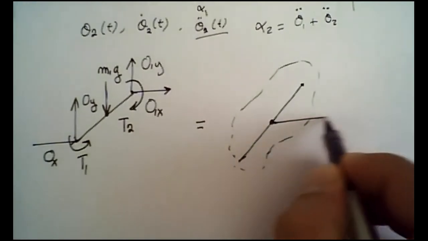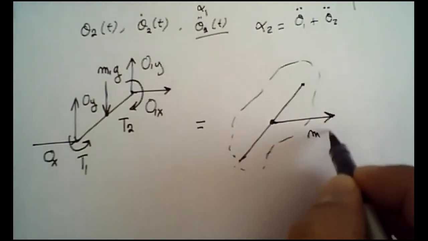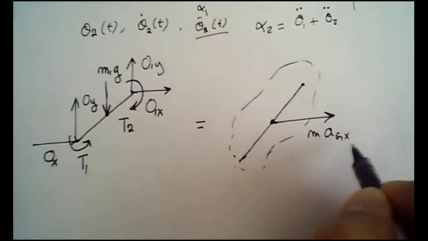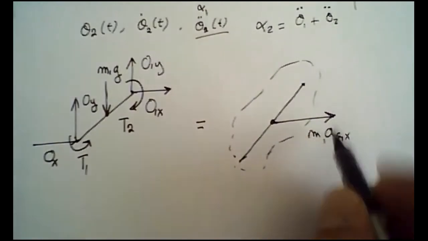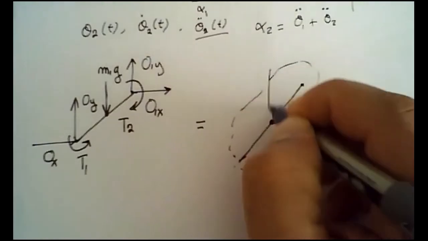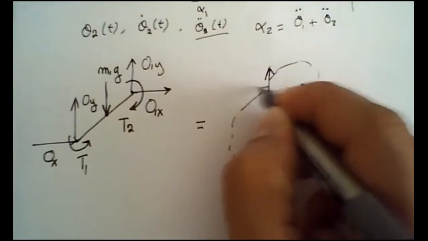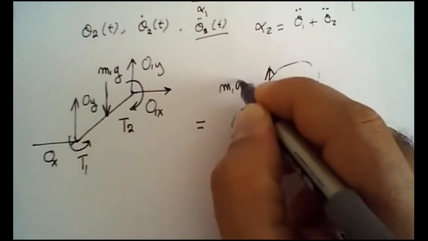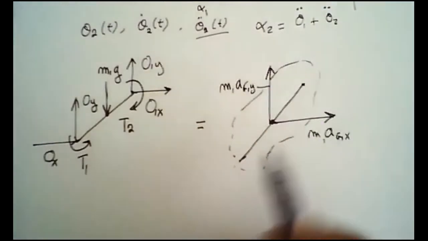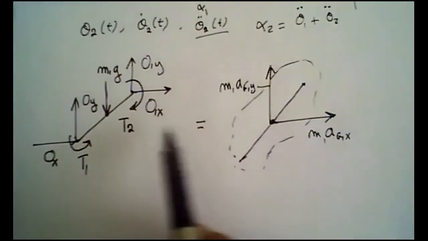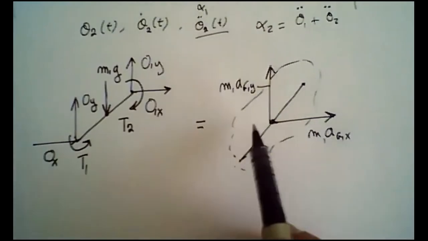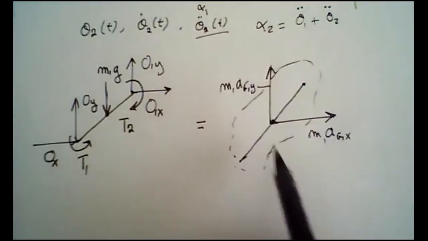Center of gravity, we're going to have what? M1 AG1X. I'm going to call it M1. M1 AG1X. And in the vertical direction, we're going to have M1 AG1Y. Right? So these are the forces. The sum of the forces in X will give you this. The sum of the forces in the Y direction will give you that.